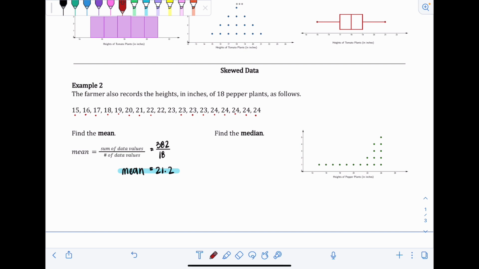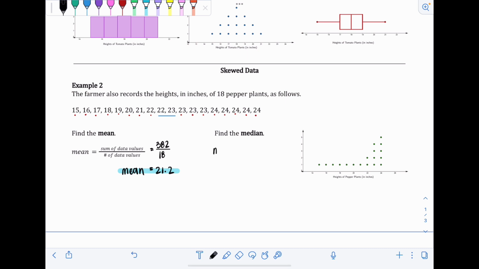Okay, so I marked one number on each side, and if I do it one more time, then I'm going to have no numbers left over. So those two numbers, 22 and 23, are in the middle. So I have to find the average of those two numbers in the middle, the 22 and the 23.